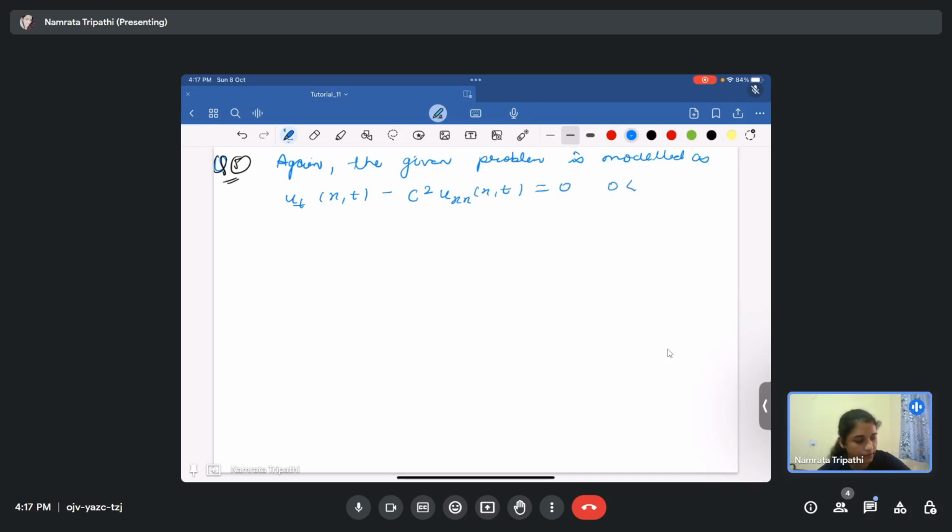X is given from 0 to L, t is greater than 0. And the initial condition is given as... sorry, this is not the initial condition. The initial condition is alpha x (L minus x) upon L square, and the boundary condition.